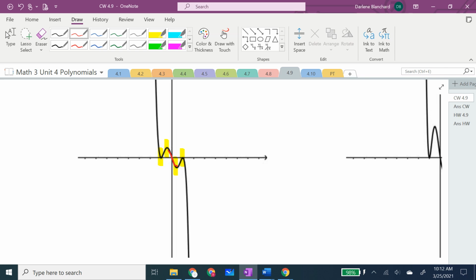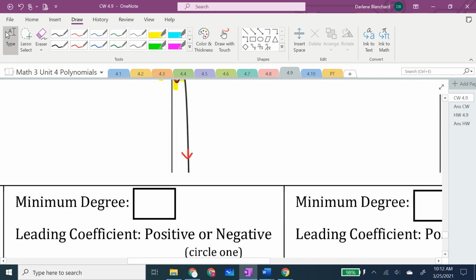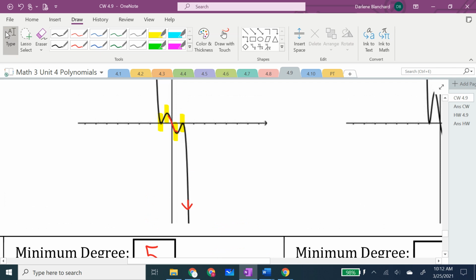So it's not creating any extra degrees that you have to have. And all you have are 4 minimums and maximums. Add 1, that's 5. 5 works with this because that means odd degree, and these are going in opposite directions. So this is either degree 5, 7, 9, or so on. The leading coefficient is negative because the right end heads down.